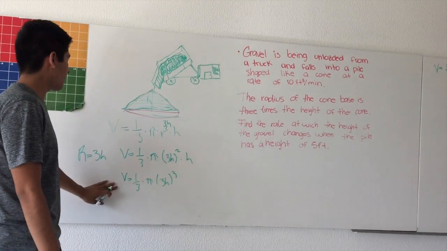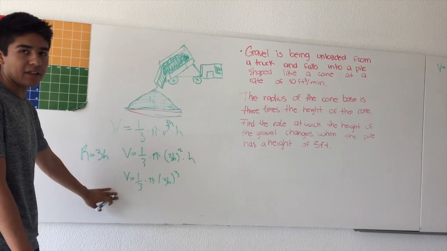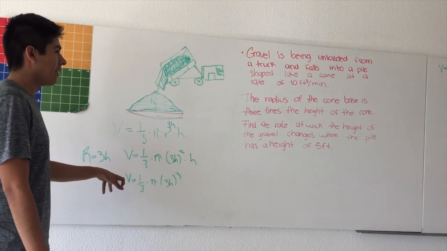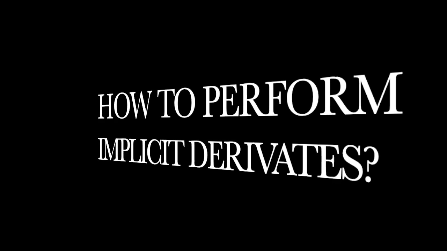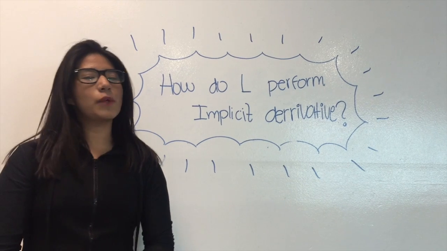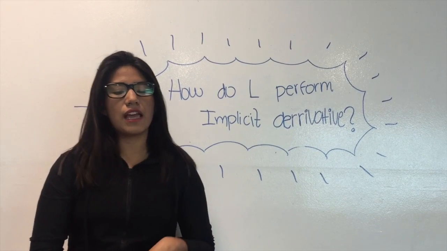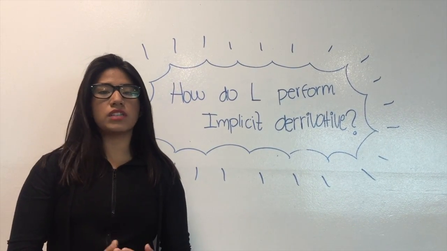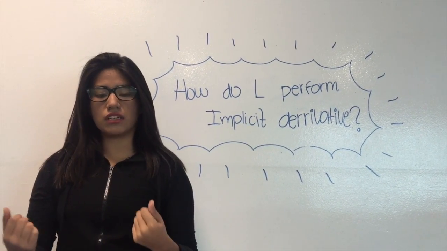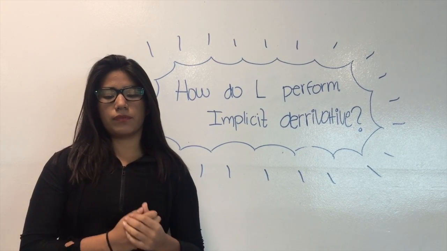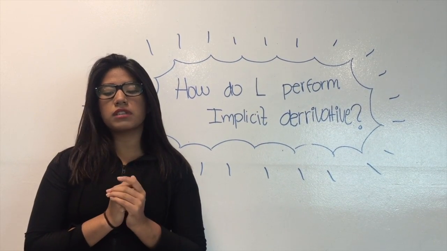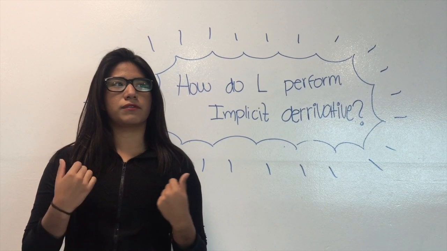Okay, now that we have this, we can derivate, but we need to make an implicit derivative. In implicit differentiation, we differentiate each side of the equation with 2 variables by treating one of the variables as a function of the other.